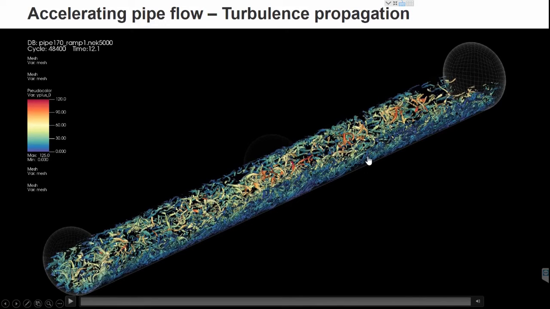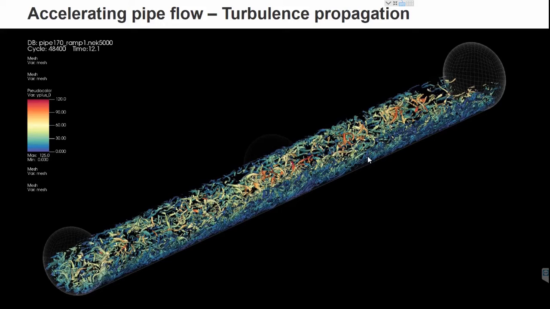So there's a diffusion of turbulence as well, and that's one of the delays we can see here. This is interesting to see. However, this doesn't give us a lot of quantitative information, so we need to study this from a statistical point of view.